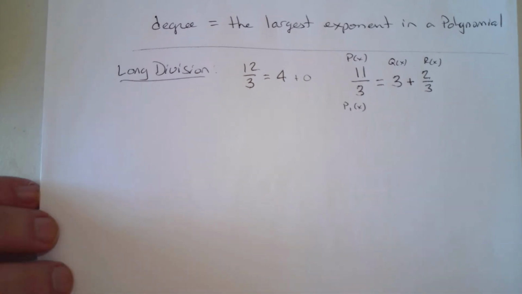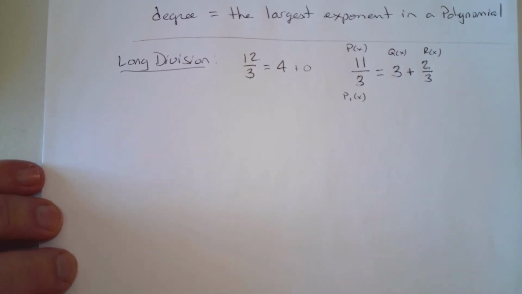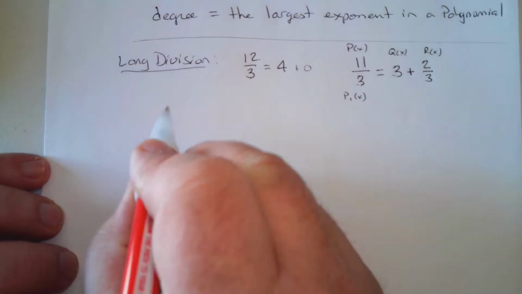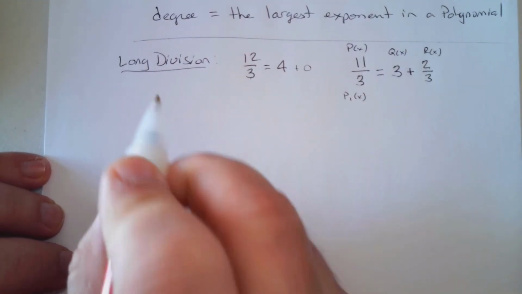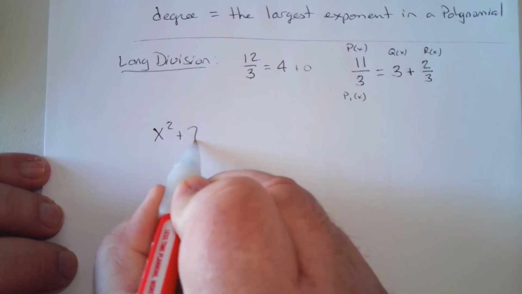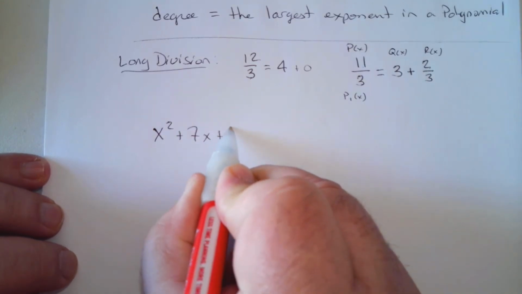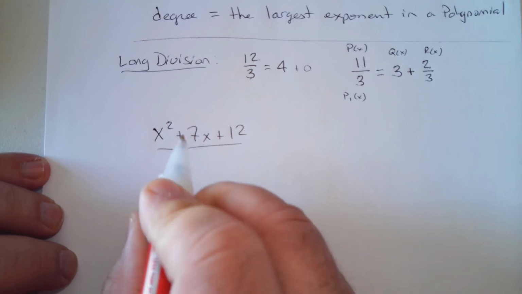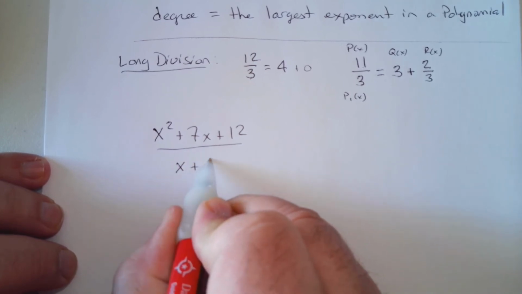We do the same thing with polynomials. Let's use the example with the one we used earlier. X squared plus 7x plus 12, divided by x plus 4.